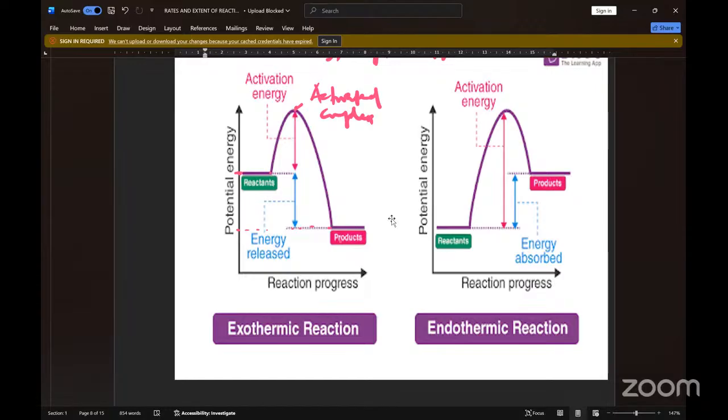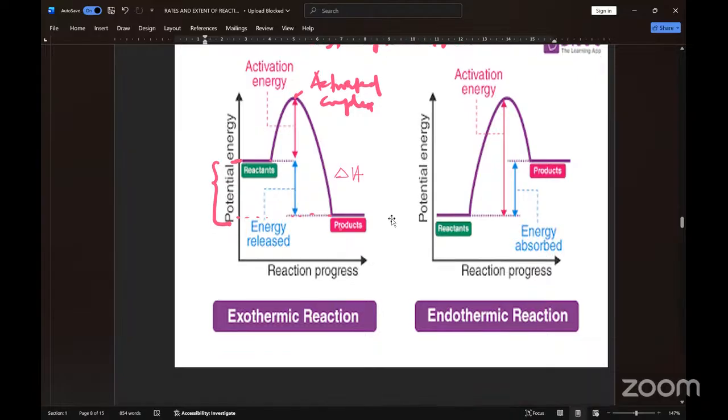So you have that. Now, the difference in potential energy between the reactant and the product, this difference here, this gap here, when you subtract them, the energy of the product minus the energy of the reactant, that gap is called the heat of reaction, or delta H, that I mentioned.